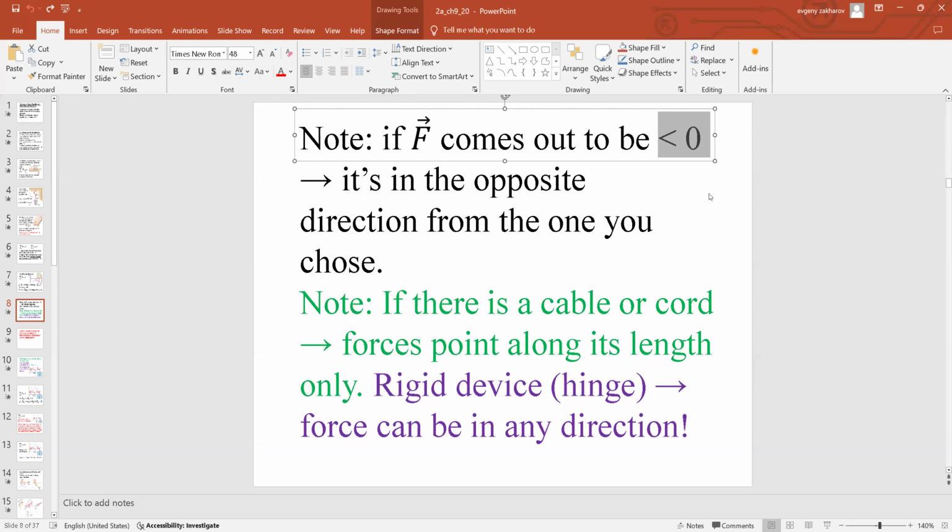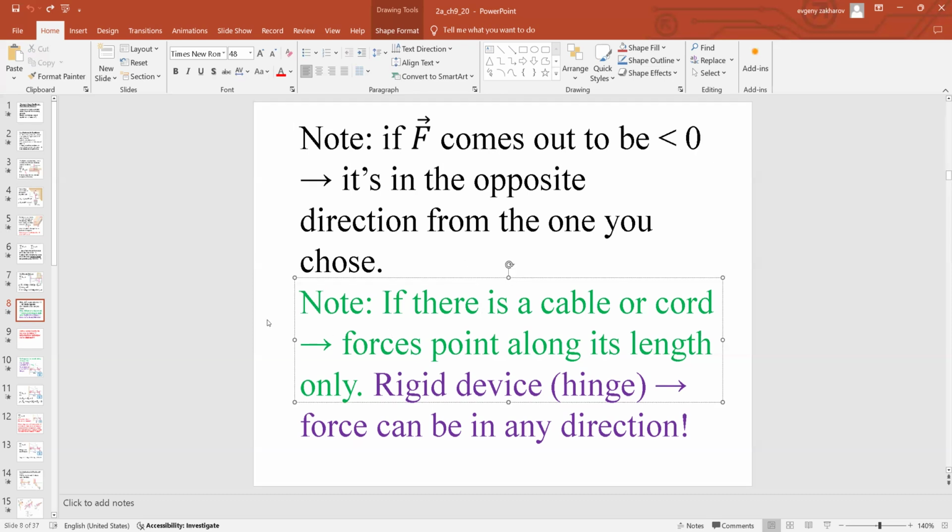And if it's negative, then you guessed it incorrectly and you say, hey, momentum and velocity are in the opposite direction. Same thing happens here. If force comes out to be negative, you don't have to solve the problem from scratch. Again, you just say, oh, the magnitude is the same, but the direction for that particular force is opposite to what I chose to be the positive.